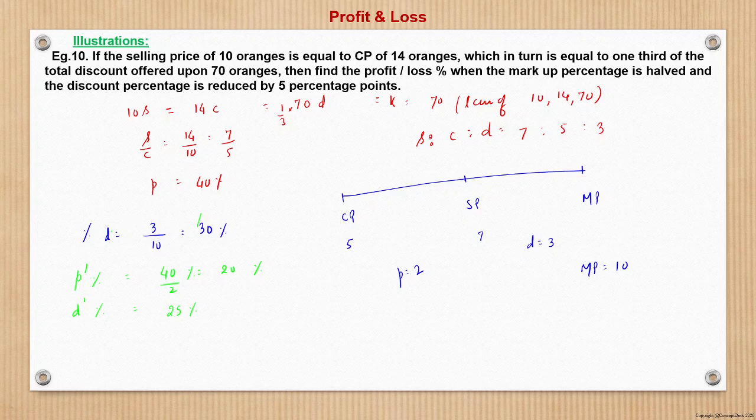Sorry, here it's not the profit percentage which is getting halved, we have to find the profit percent, whereas the markup percentage is halved, right? Markup percentage is halved.